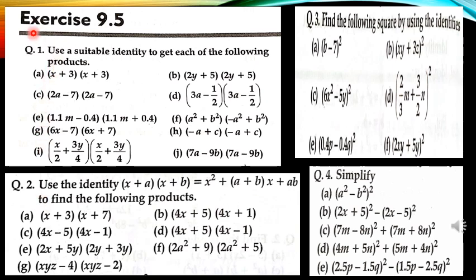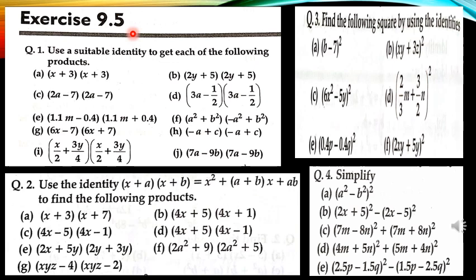Dear students, this is your exercise 9.5 in this chapter, which is the last exercise in this chapter. Most of you all may have or may not have the textbook with you all. So I am sharing you all the questions. All of you know how to use all the 4 standard identities. You just now learnt in so many examples.